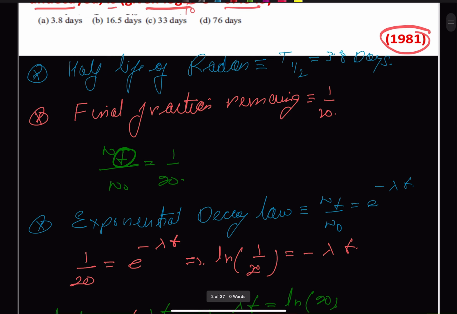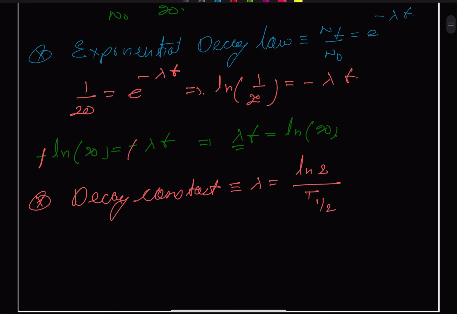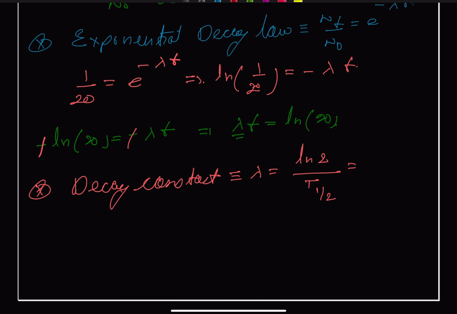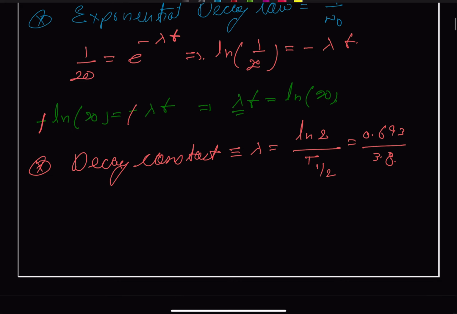We substitute the value: 0.693 over t half, which is 3.8. Therefore t will be equal to natural log of 20 divided by lambda.